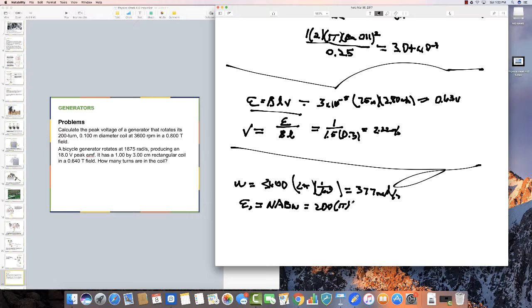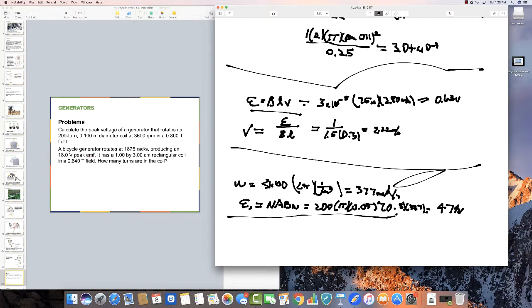So pi times 0.05 squared, times the magnetic field, which is 0.8 Tesla, and then times the angular velocity, which is 377 radians per second. And if you do all of that, you get 474 volts. And that's the peak voltage with the rotation of this.